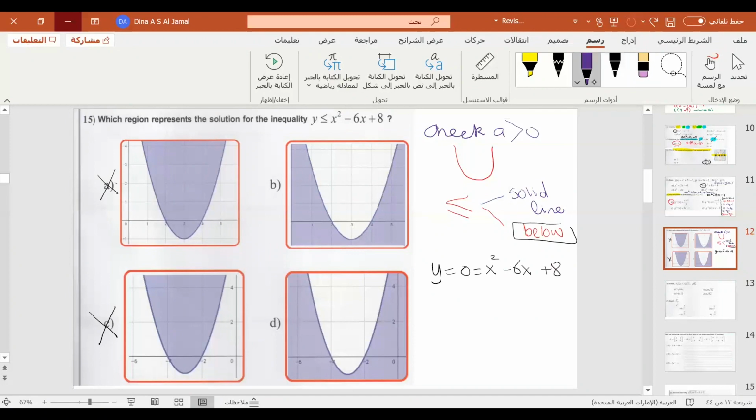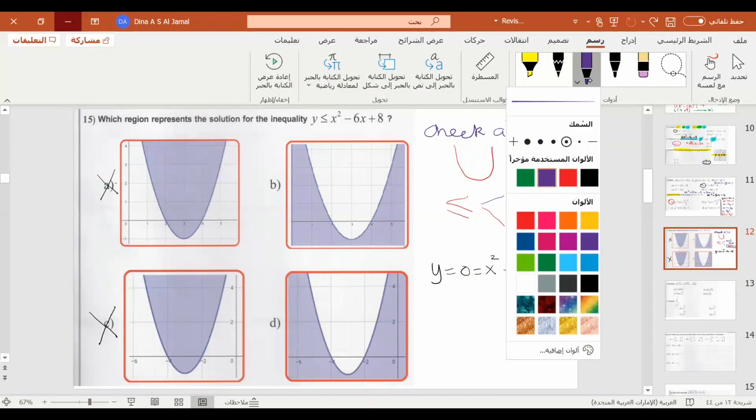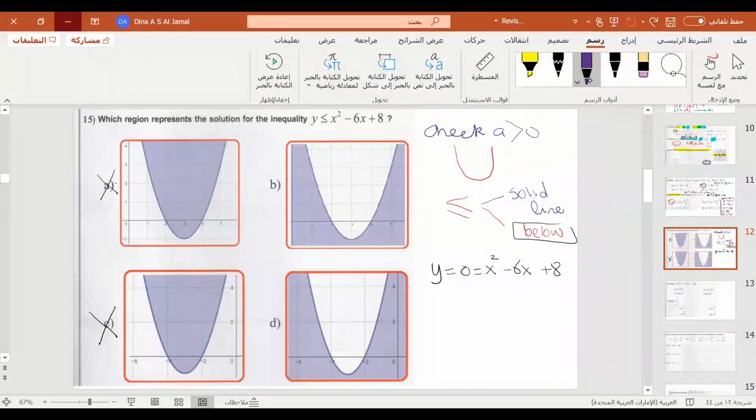This will help you to solve this question. So after using your calculator or the factorization method, x1 and x2, your x1 is 4, your x2 is 2. So it is your B, not your D. With this, you cancel them.